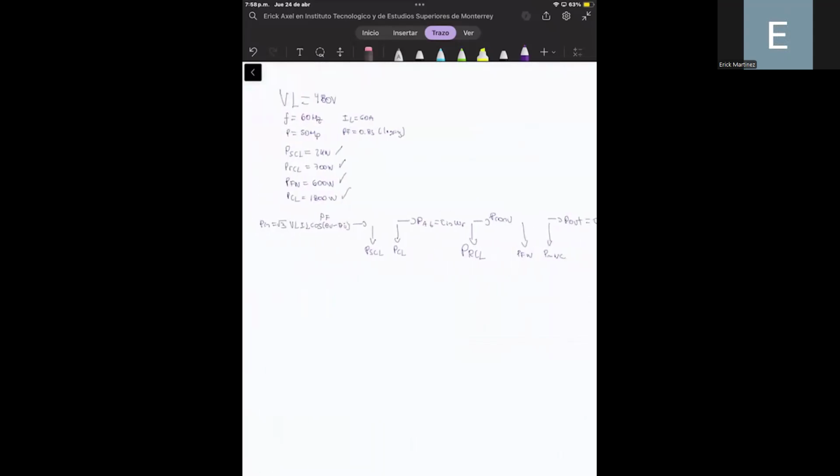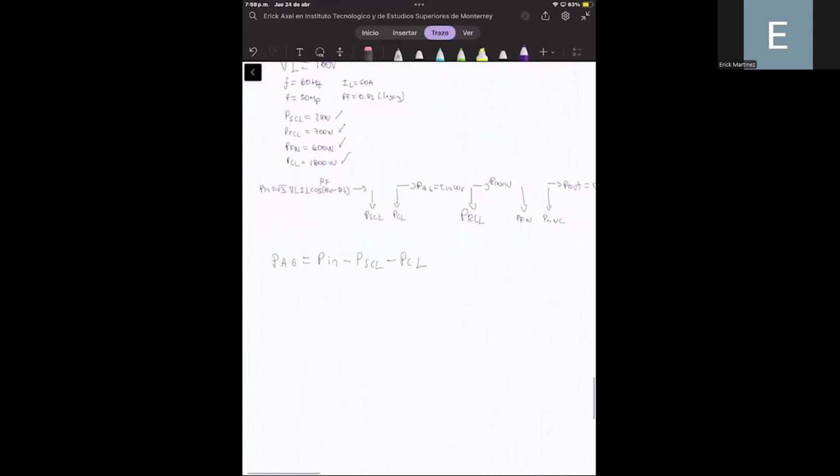So the first aspect that we want to solve is to compute the air gap power. We know that the air gap power is equal to the input electrical power minus the stator copper losses minus the core losses.